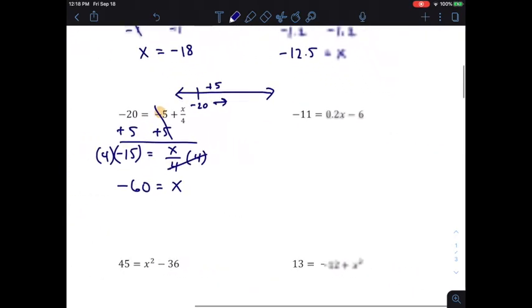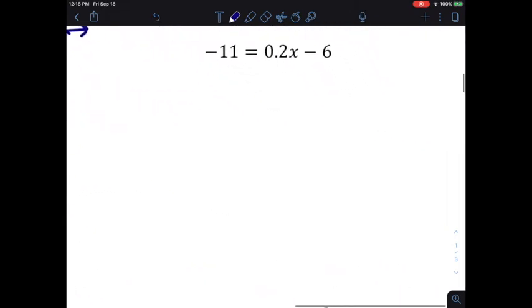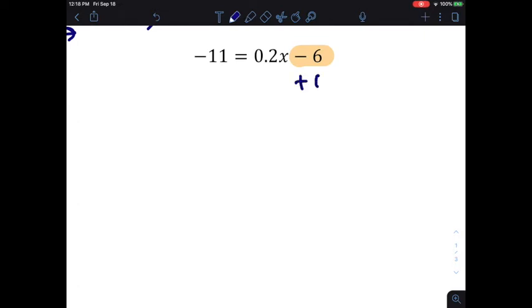All right, we have another one here with a decimal. Again, don't be afraid of those decimals. Just use the tools that you have to be able to help you answer the problem. All right, so here we go. Minus 6 is the furthest thing away from the variable. So we're going to add 6 to both sides.